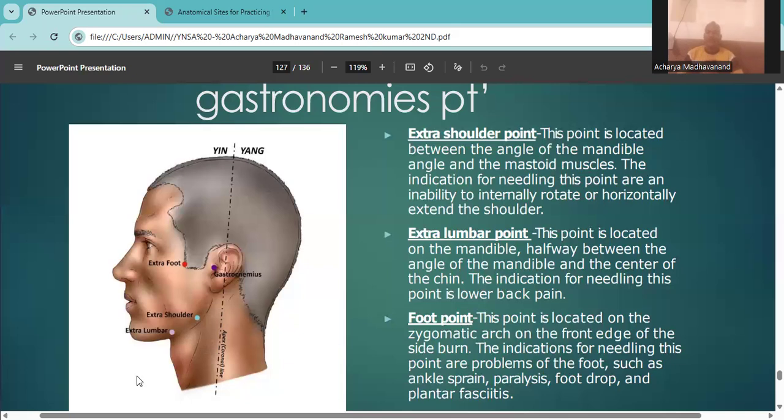Extra lumbar point. This point is located on the mandible, halfway between the angle of the mandible and the center of the chin. The indication for needling this point is lower back pain.